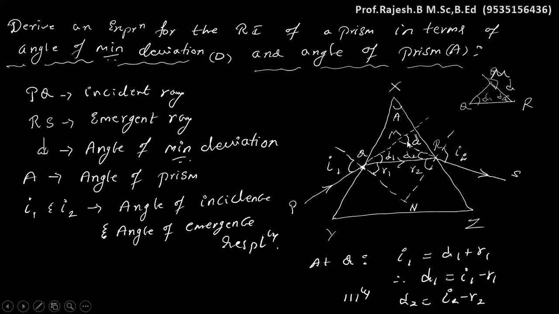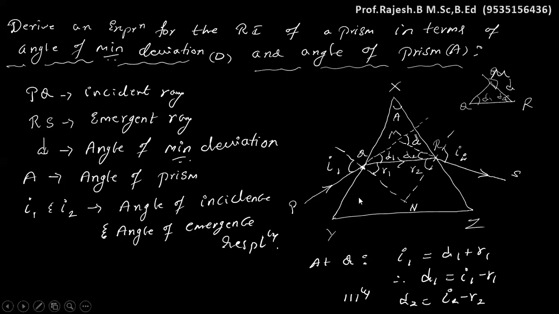This is called the angle of deviation. So what is angle of deviation? It is the angle between the incident ray extended and the emergent ray produced backward. Got it? The angle made between them is called angle of deviation. And this is the deviation angle 1, deviation angle 2.